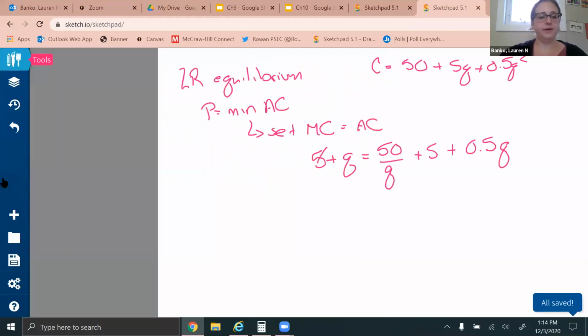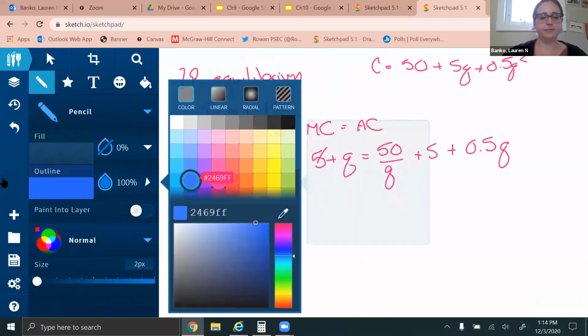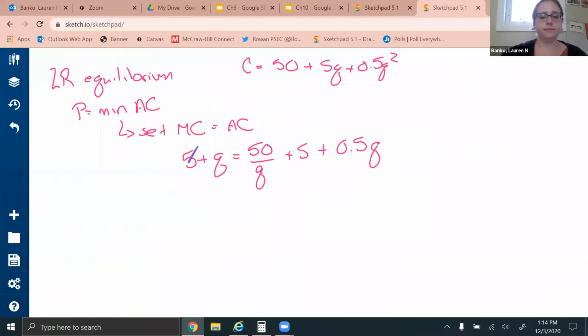And I want to try to combine like things, so we can subtract 0.5q on both sides. 0.5q, and that equals 50 over q.